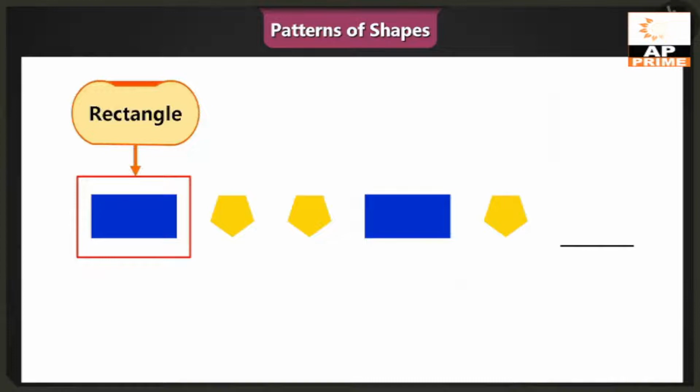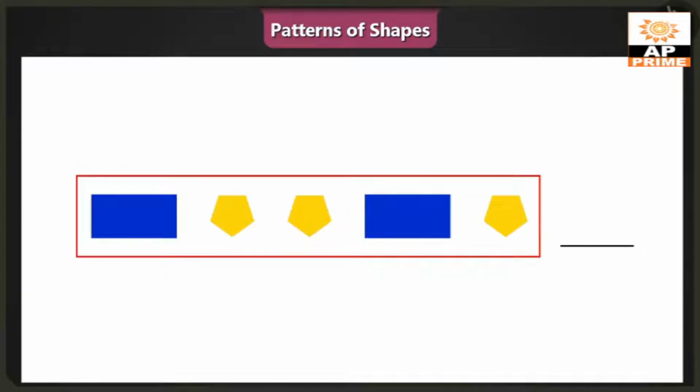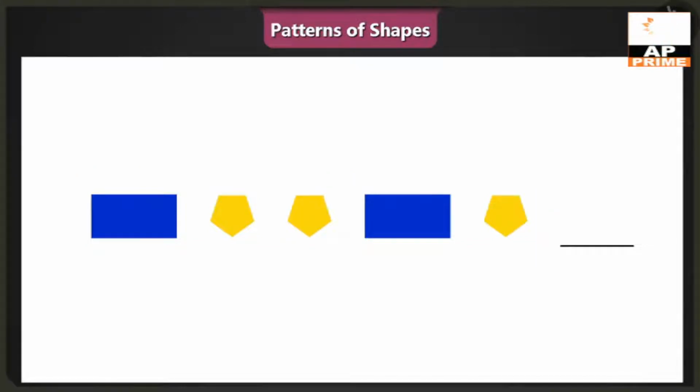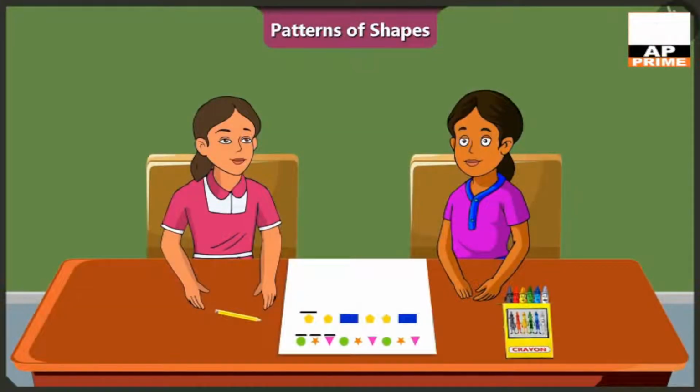In this pattern, one rectangle is followed by two pentagons, and we need to repeat this pattern. Right. So the next shape in this pattern will be a pentagon. This way we get a pattern of one rectangle and two pentagons. Yes, now you are correct.